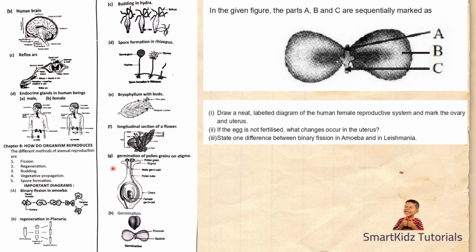So you have regeneration, hydra, then spore formation in rhizopus. You see spores being formed. Then bryophyllum. You can keep this leaf in your book, and it will give out small buds. The small buds can be separated, and they will grow out into a new individual, a new organism.